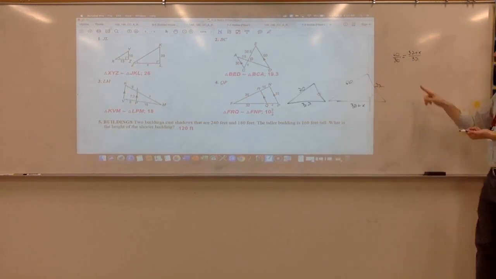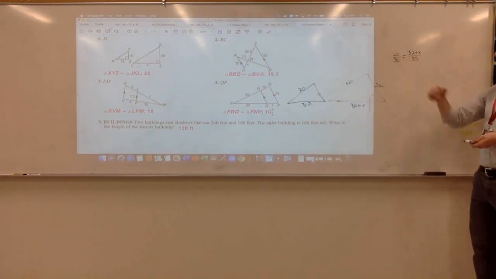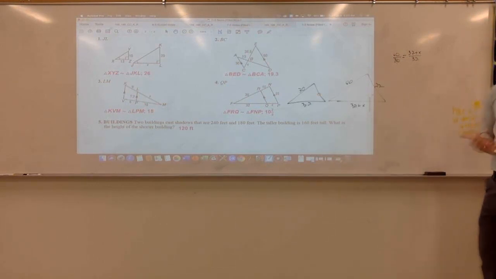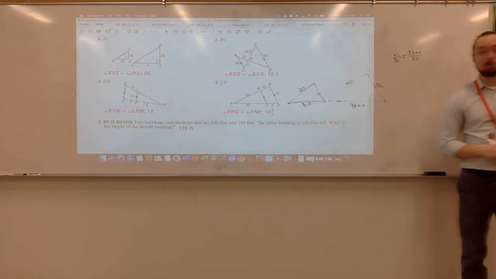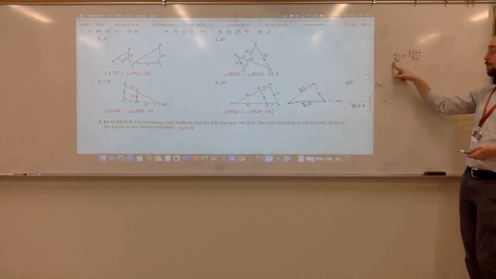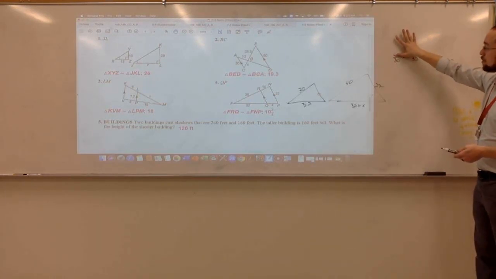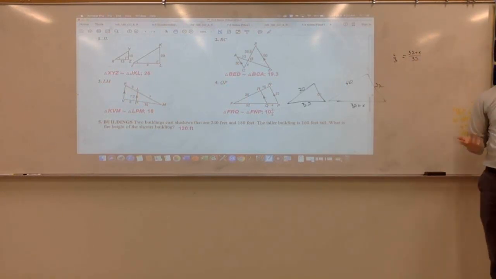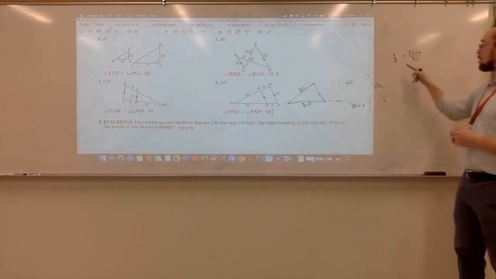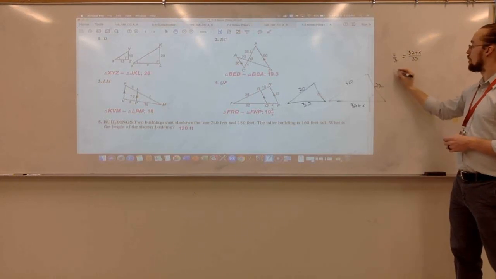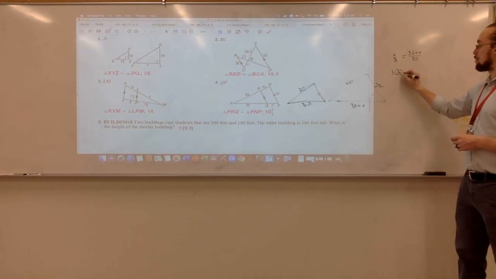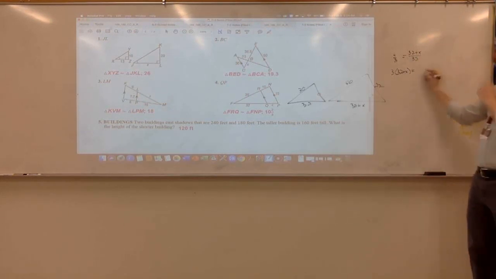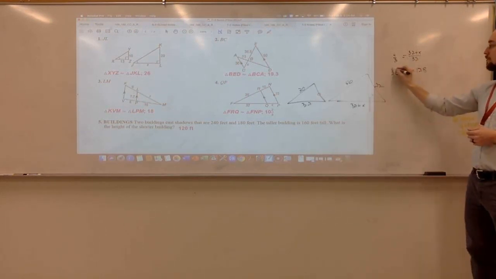And remember, if we have large numbers or a large fraction like this that can be reduced, you can go ahead and reduce that to make the arithmetic a little bit easier. So 40 over 30, we could actually just reduce to 4/3. That'll make the math a little bit nicer. Then cross multiply, so we'll end up with 3 times 32 plus x equals 4 times 32, so 128.